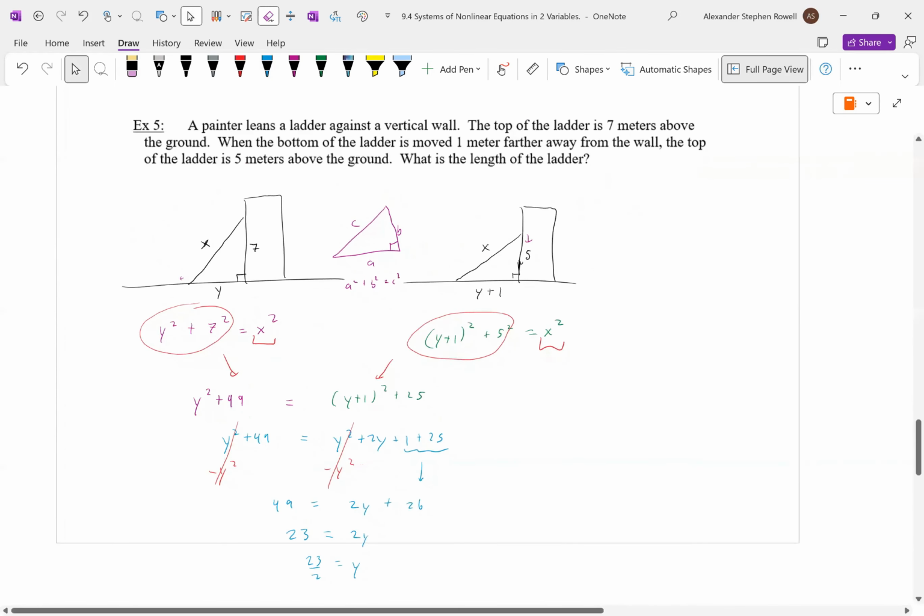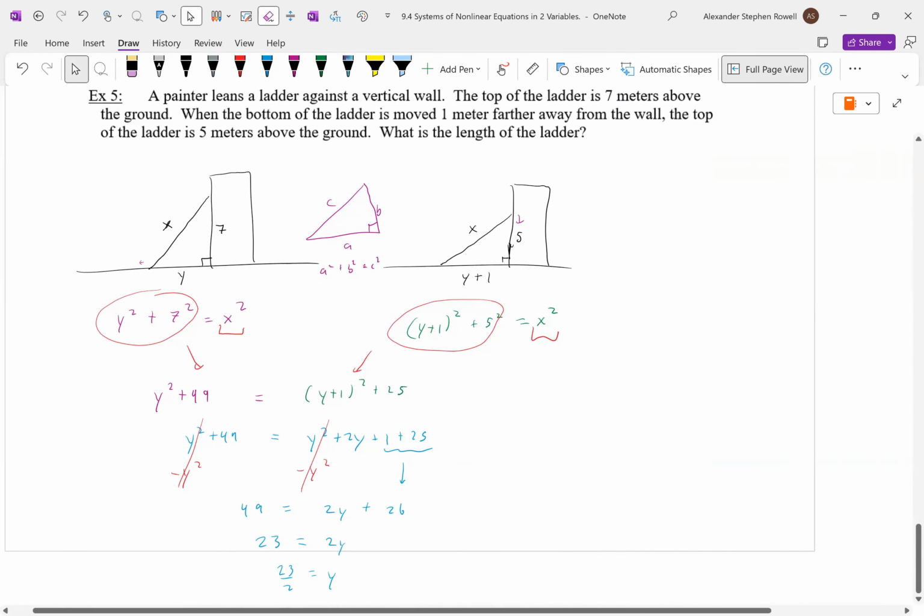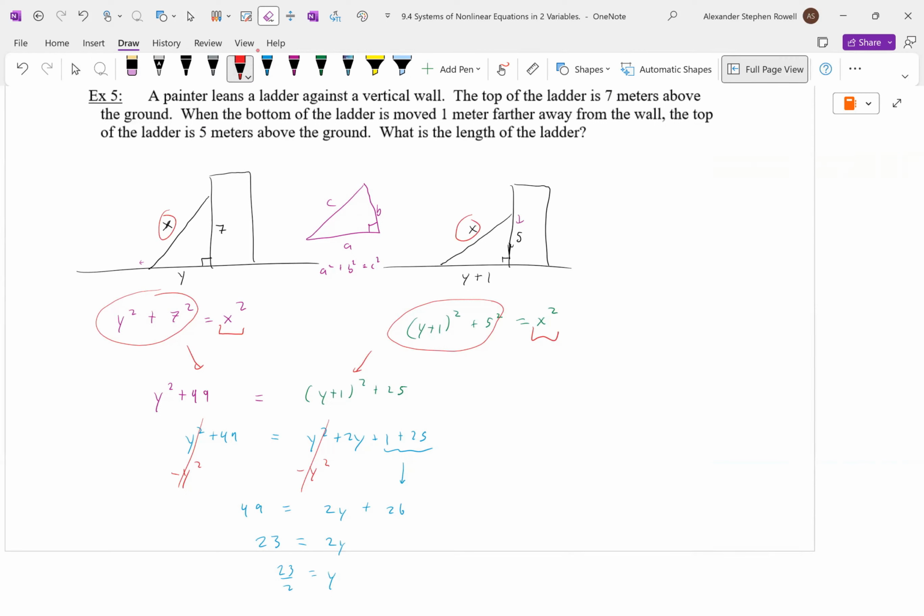Okay, what's the question asking for? Which variable? Okay, so I want to solve for x. How do I solve for x? Plug it into either equation. Maybe this one looks easier. So y squared plus 49 is equal to x squared. But y is equal to 23 over 2. 23 squared is 529, over 2 squared is 4. And getting a common denominator, 49 times 4 is 196.